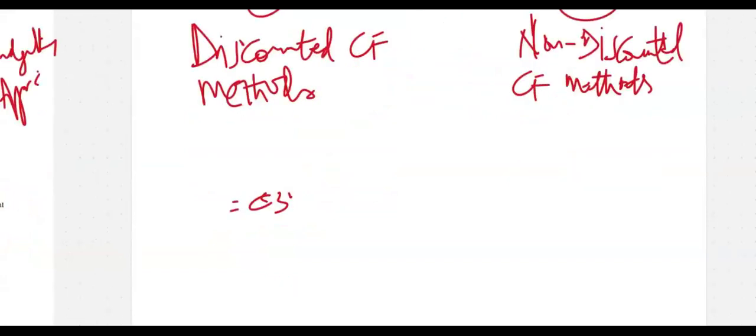Now, when we say discounted cash flow methods, examples of the methods are, we have the NPV, we have the discounted payback period. So this is discounted, right?